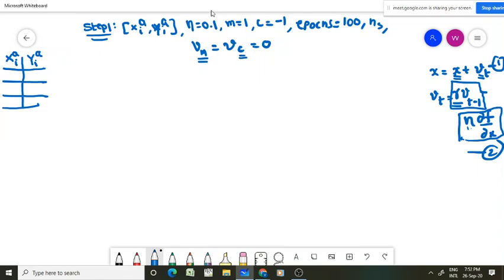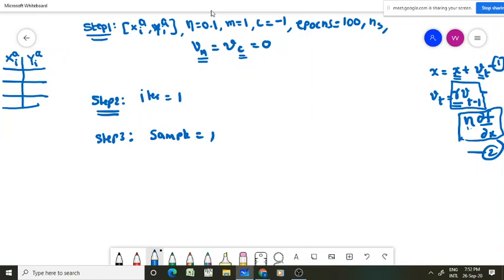Now step 2. In step 2 you have to set the iteration equal to 1. In step 3 you have to take sample equal to 1. So in this momentum optimization, I want to update the model parameters step by step.